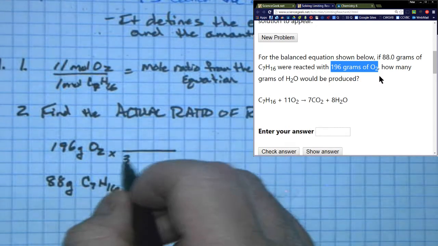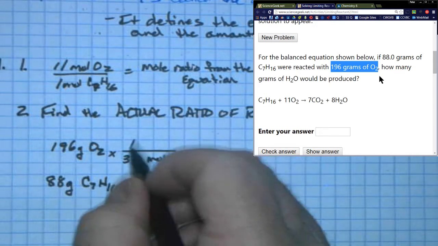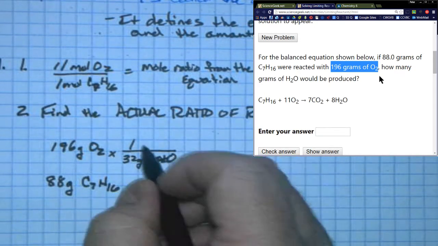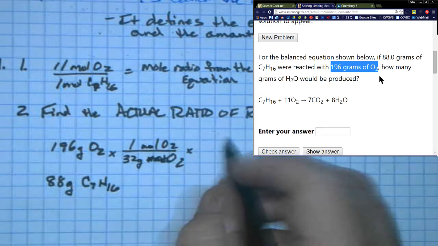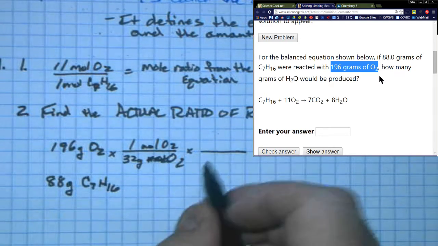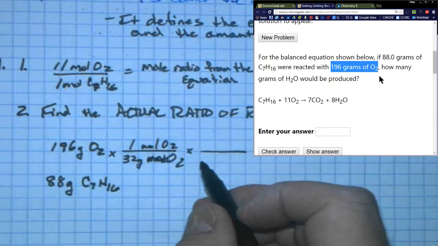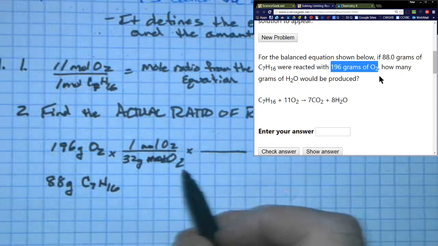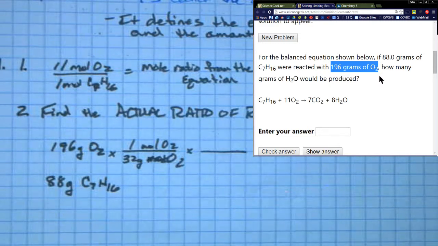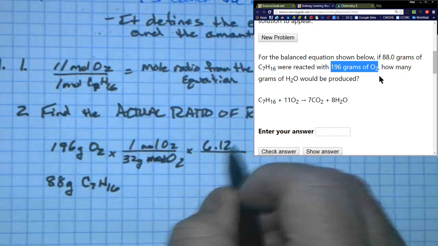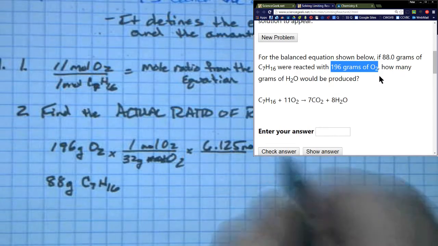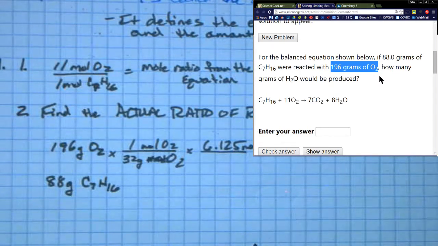O2 is 32 grams per mole, so 32 grams of O2 per 1 mole of O2, and that'll tell us how many moles we have. 196 divided by 32, I don't know offhand, so we plug that into our calculator, and we get 6.125 moles of O2.